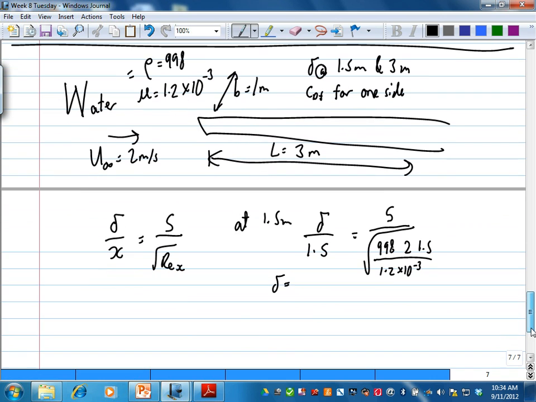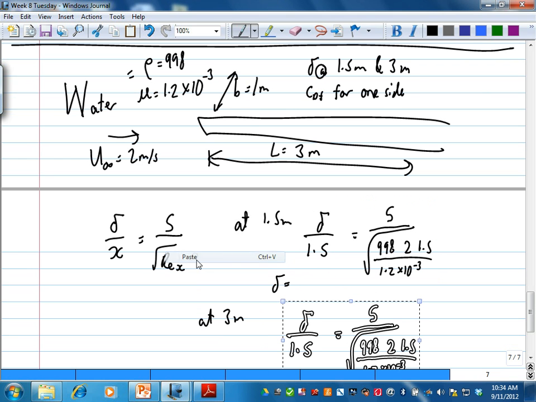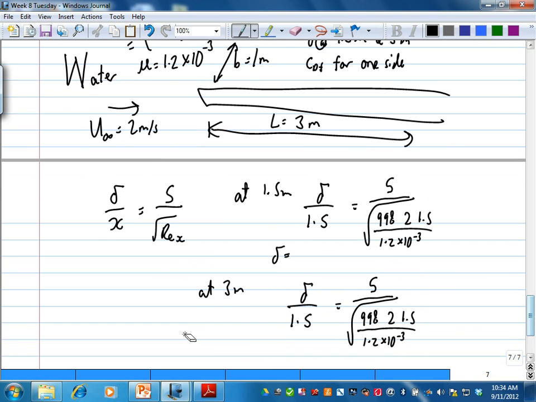Second one, at 3 meters, same thing. The only thing I need to change is 1.5 to 3 meters. And del equals to, alright?